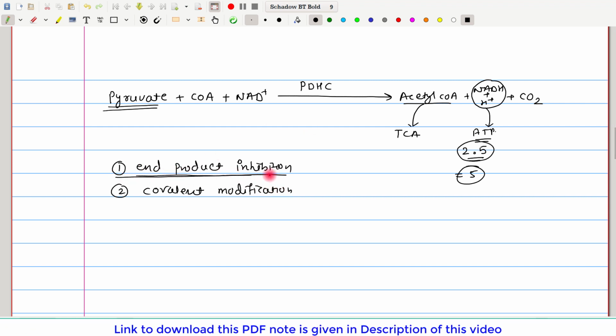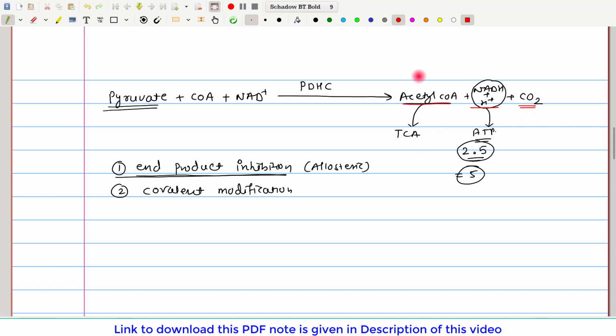Remember, whenever end product inhibition is there, most of the time it is allosteric regulation, right? So in this entire reaction, we know that acetyl coenzyme A, NADH and H+, and carbon dioxide, these 3 are the products.